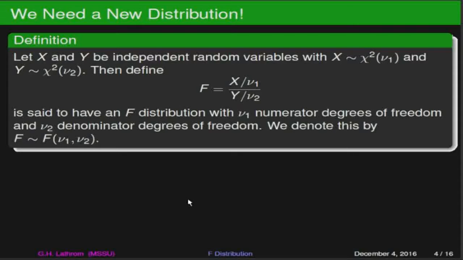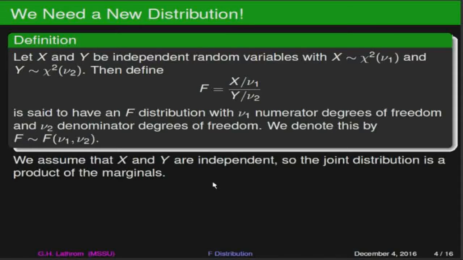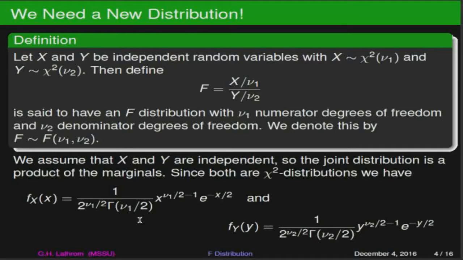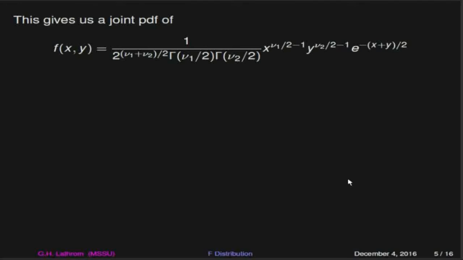So we're assuming that x and y are independent, and so what happens is that the joint PDF is just going to be a product of the marginals. But both marginals are chi-squared distributions, which will have the forms that we see here. Now, taking the product of those gives us this expression, which is a little bit long, a little bit complicated.